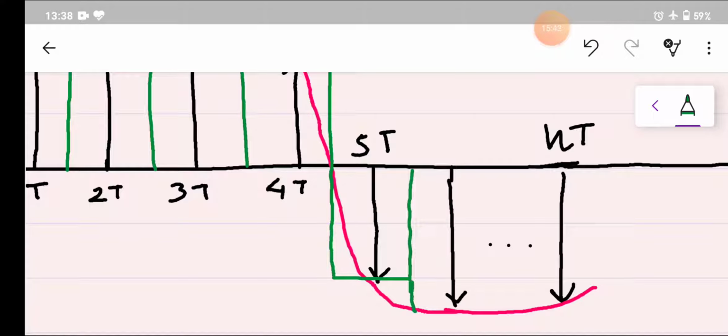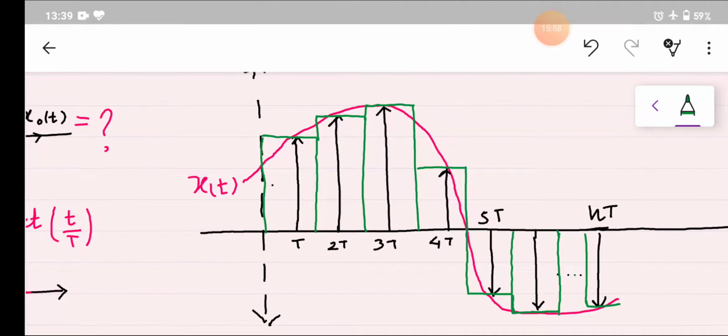For the next sample, this is our gate pulse, and so on up to any of the last samples. Okay, so in this way the interpolator will give you the gate pulses for each of the samples.